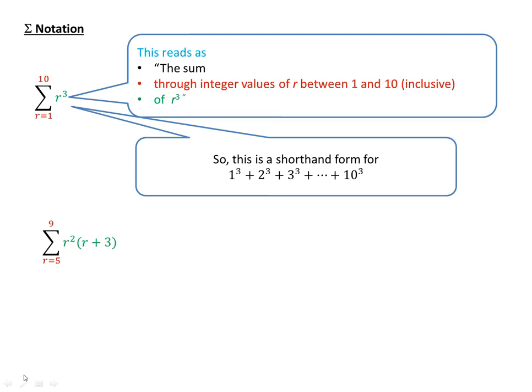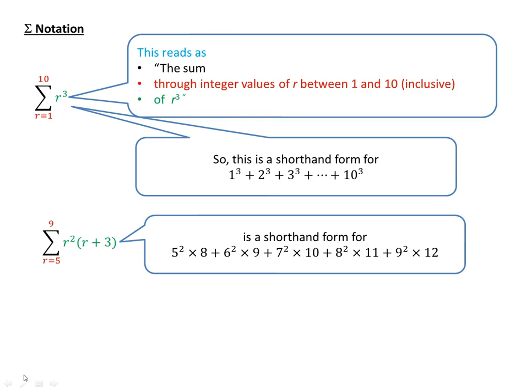So that means that what we've got is 5 squared times 8 plus 6 squared times 9 plus 7 squared times 10 plus 8 squared times 11 plus 9 squared times 12.